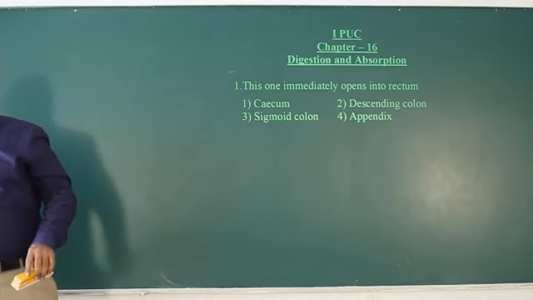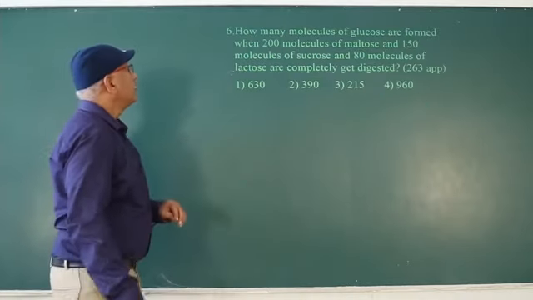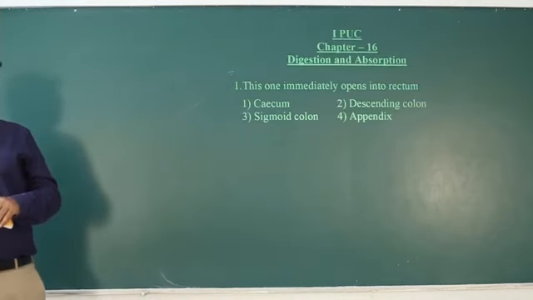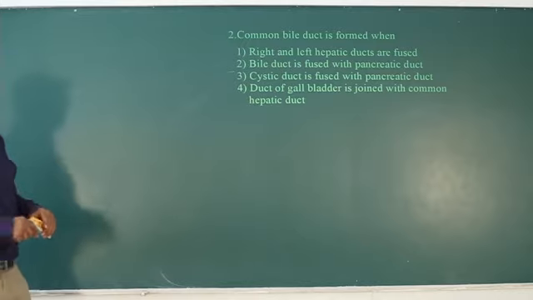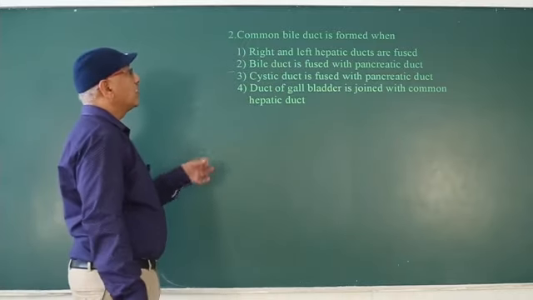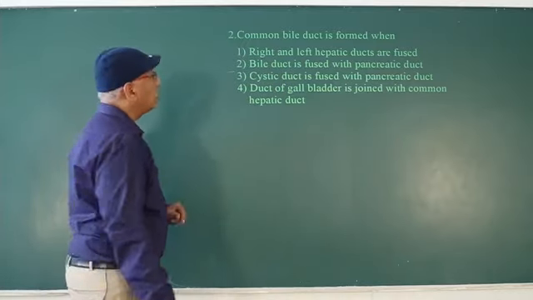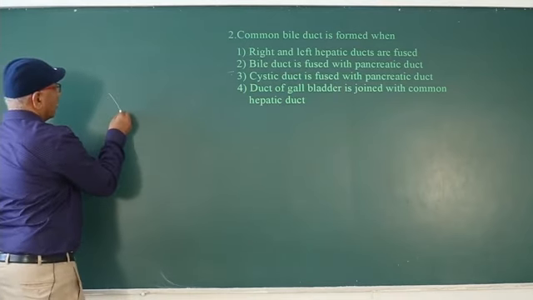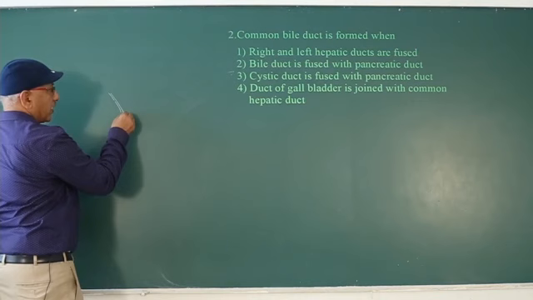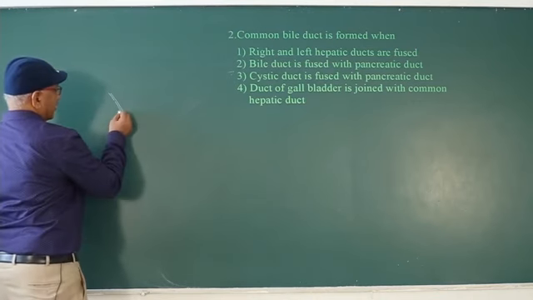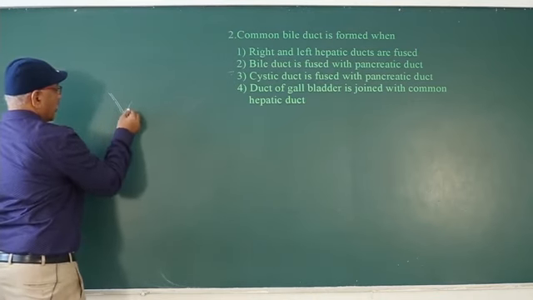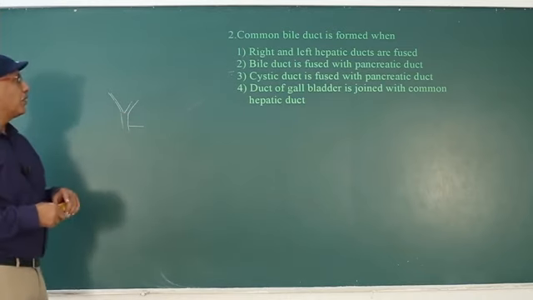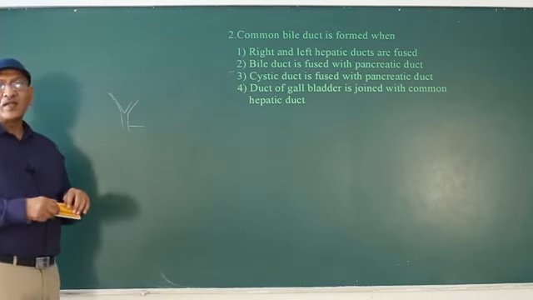Next question. How is the common bile duct formed? The duct from the gallbladder, that is the cystic duct, unites with the common hepatic duct, and as a result the common bile duct is formed. How is the common hepatic duct formed?